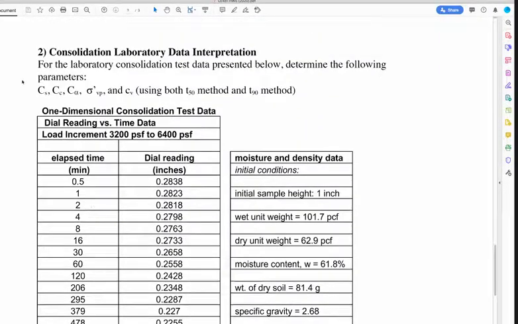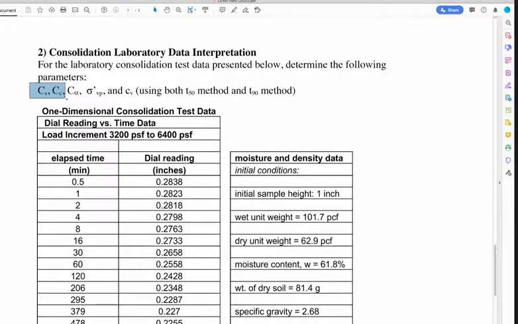You will also be assessing the slopes on that curve. That bilinear curve has two slopes associated with it. You will determine those. And you will also determine the preconsolidation stress. And that is available through a Casagrande technique of identifying the knee of the curve using a little bit more refinement than closing one eye and saying there's the knee of the curve.